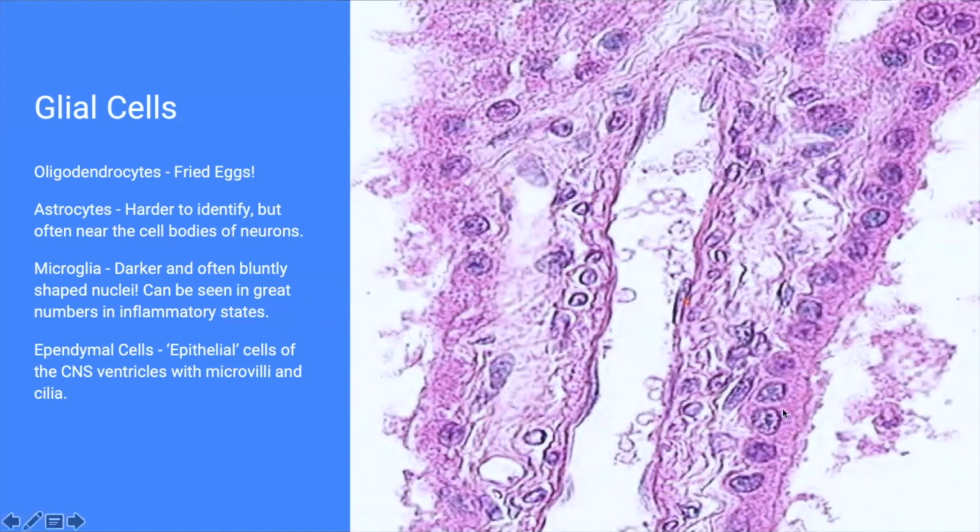And you'll notice on the outside, on the luminal surface, we see a lot of debris out here, and that's because these cells are ciliated and they also have microvilli. So ependymal cells, you can basically think of them as the epithelial cells of the CNS ventricles.